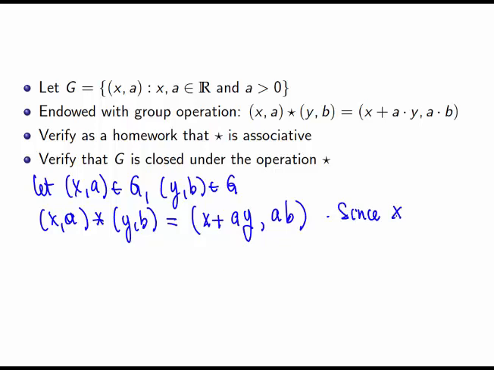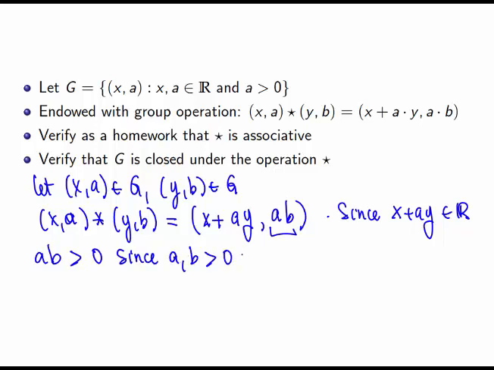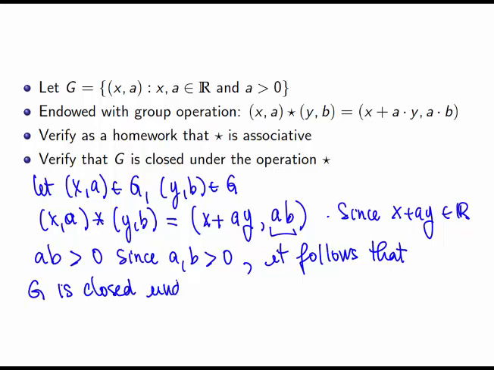Since x + ay is a real number, and the second component, ab, is strictly positive since a and b are strictly positive, it follows that G is closed under the operation star.